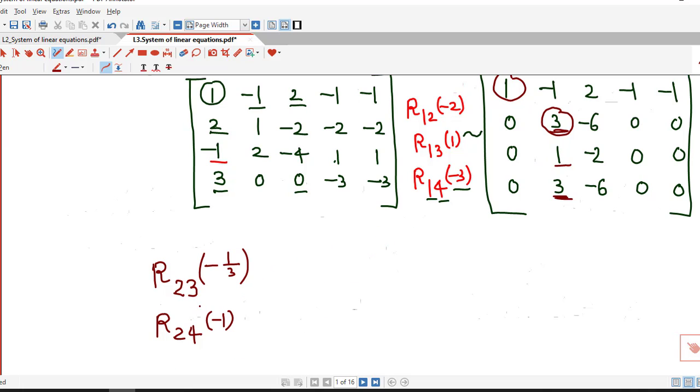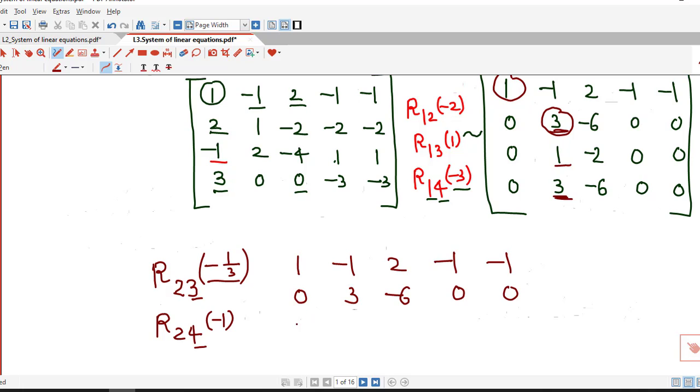So third and fourth row will change and we write first two rows as it is, 1, -1, 2, -1, -1, then 0, 3, -6, 0, 0. Now we have to multiply second row by -1 by 3 and add in third row.